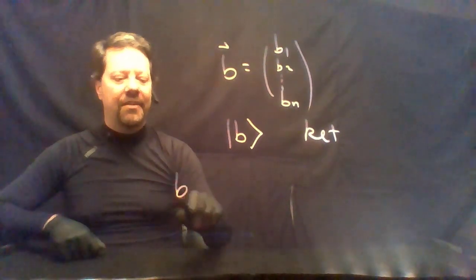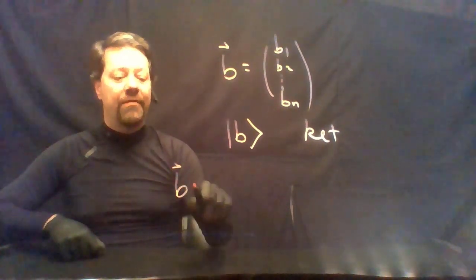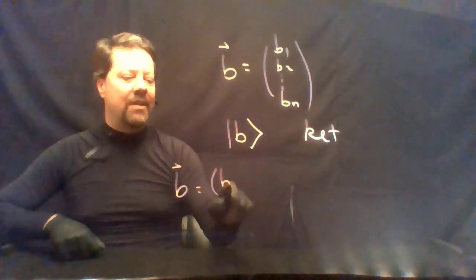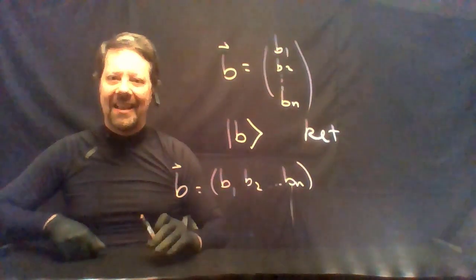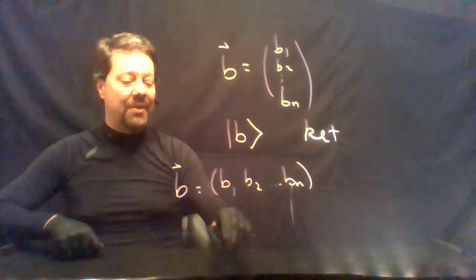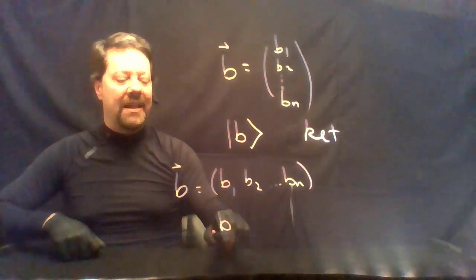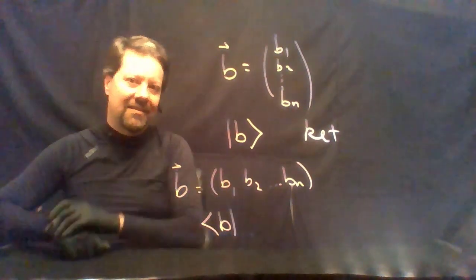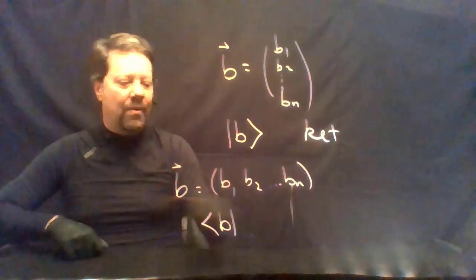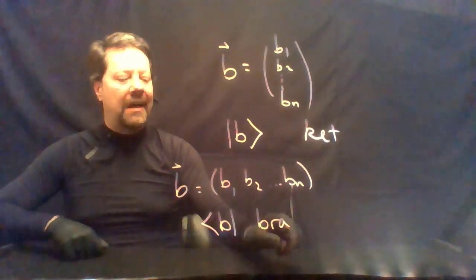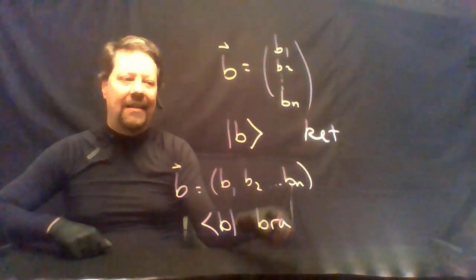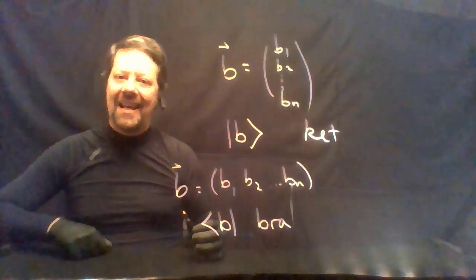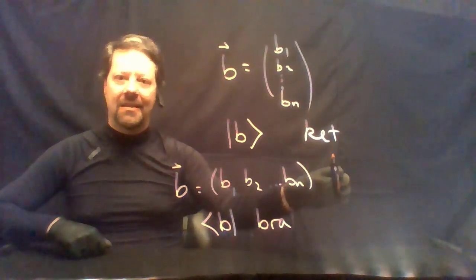If I have a vector B, which is a row vector expressed as B1, B2, and so on, again in finite dimensional real examples, that's often denoted by B with a set of brackets in this form. This is called a bra. So every row vector is a bra and every column vector is a ket. This gives you the bra-ket notation.